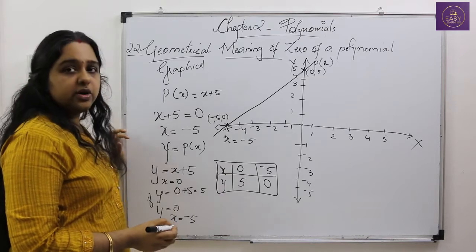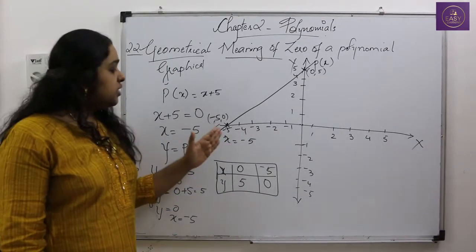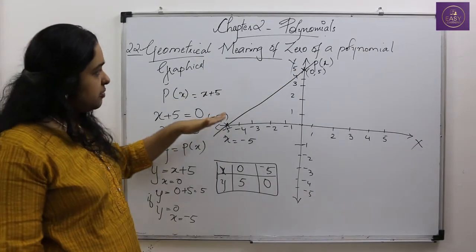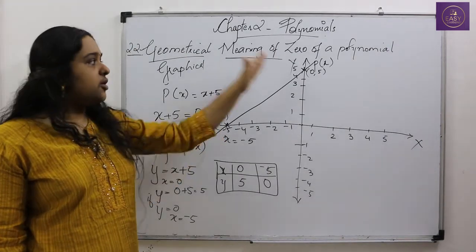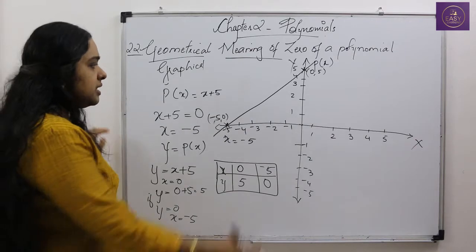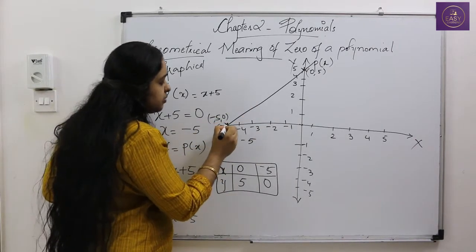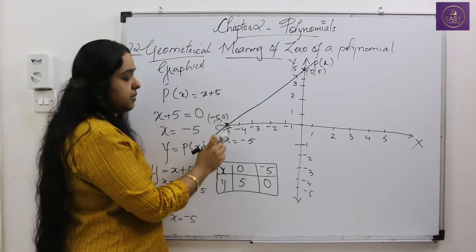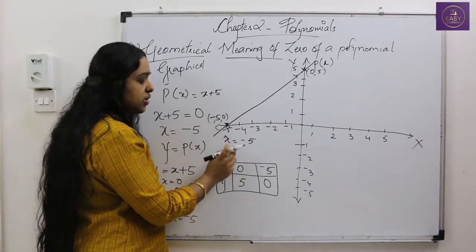We need to understand the coordinate at which the graph of p of x cuts the x-axis is the zero of that polynomial. In this graph, our line cuts only at this point, so the zero of this polynomial is minus 5.